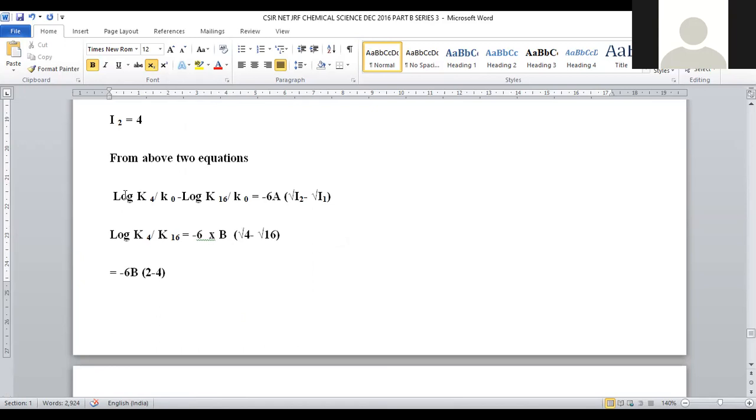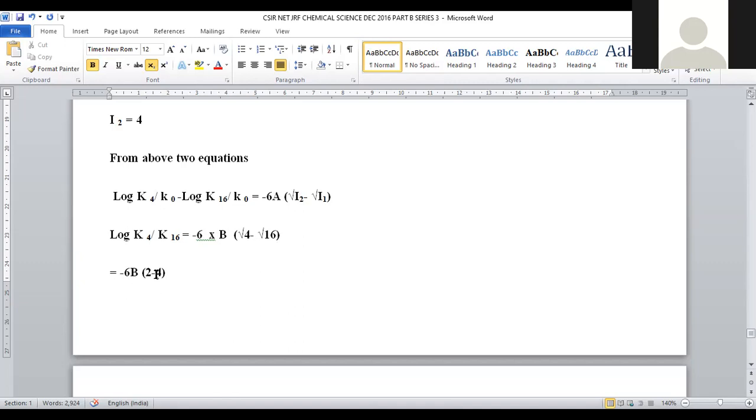From the above equation, we take the difference of these two: log K4 by K naught minus log K16 by K naught is equal to minus 6A, root of I2 minus root of I1, the ionic strength of the second minus that of the first. Then log K4 by K16 is equal to minus 6B into root 4 minus root 16.